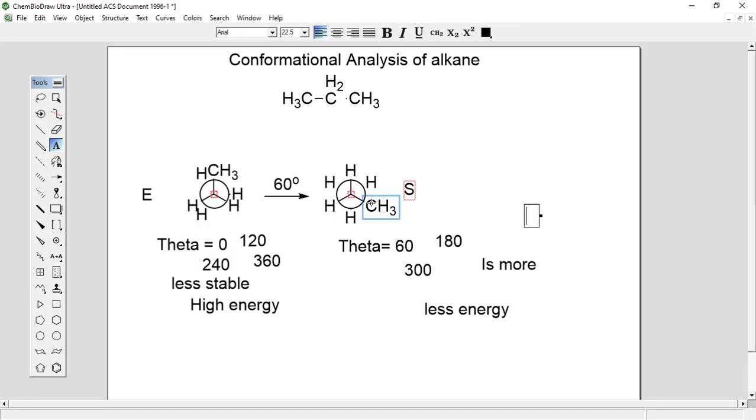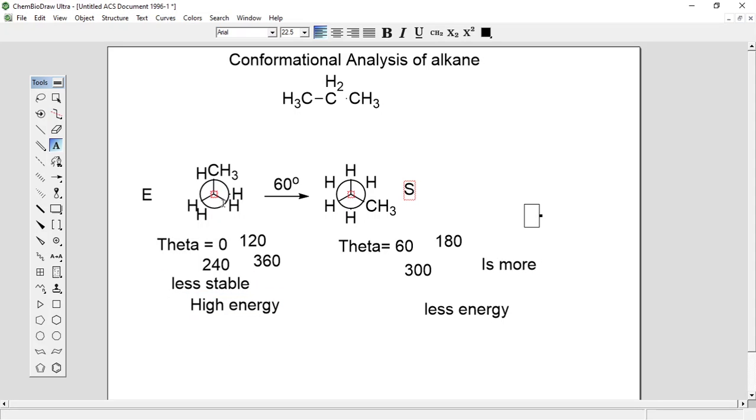Okay, so again, when you rotate, this CH3 will come here. So in this way, you are going to rotate this first carbon, and in this rotation at the interval of 60 degree, at dihedral angle 60, 180 and 300, you will get the most stable conformation, that is your staggered conformation. And at dihedral angle 0, 120, 240 and 360, you will get this eclipse conformation, and this eclipse conformation is a less stable conformation.